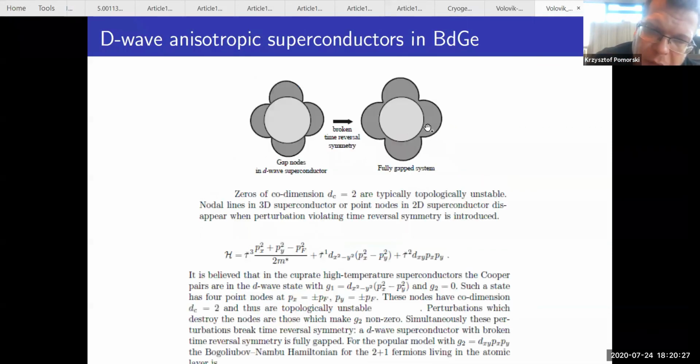All right. Let me move on. So basically, the discovery of high temperature superconductors by Bednorz and Müller was a very nice example of superconductors with an anisotropic superconducting order parameter.